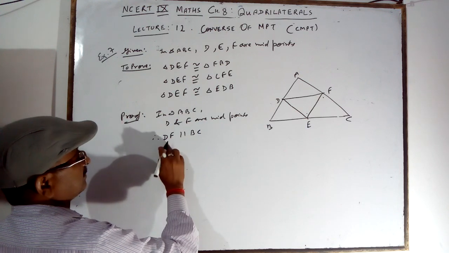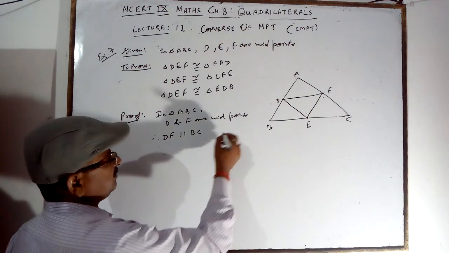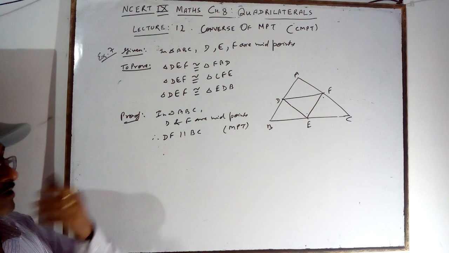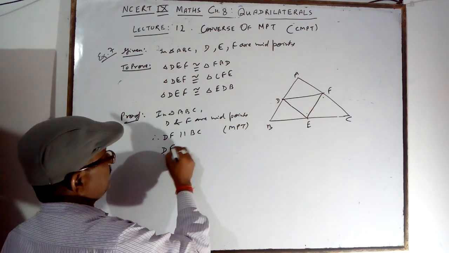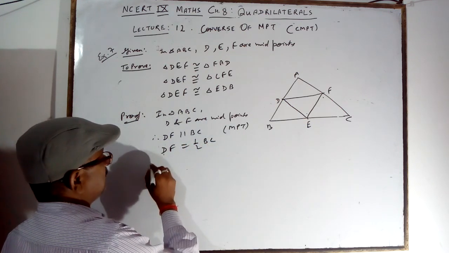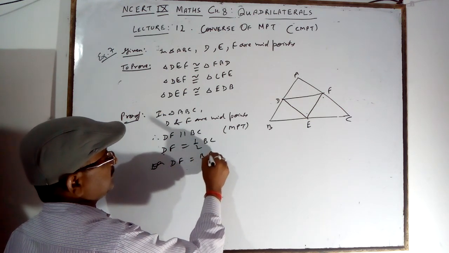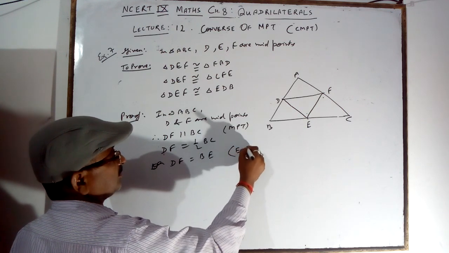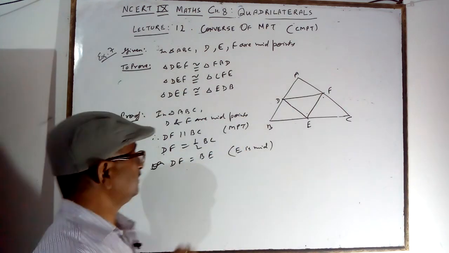By the midpoint theorem, the line joining the midpoints of two sides is parallel to the third side and half of it. DF is equal to half of BC. So you can write DF is equal to BE. Why half BC? Because E is the midpoint, that's why half of BC will be BE.